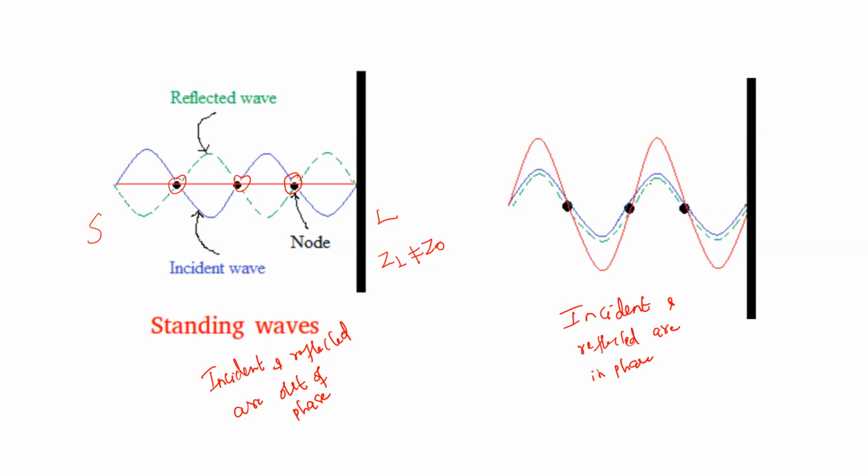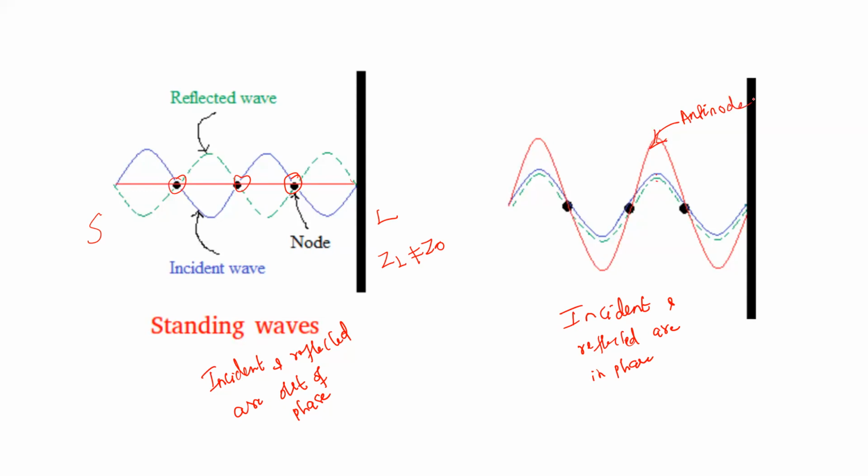So now both are in phase. Since both are in phase, the resultant standing wave will have an amplitude which is higher than that of the incident and the reflected wave, because the amplitudes of both get added together to form the standing wave. So this point of maximum or peak voltage of the standing wave, we name as an antinode.